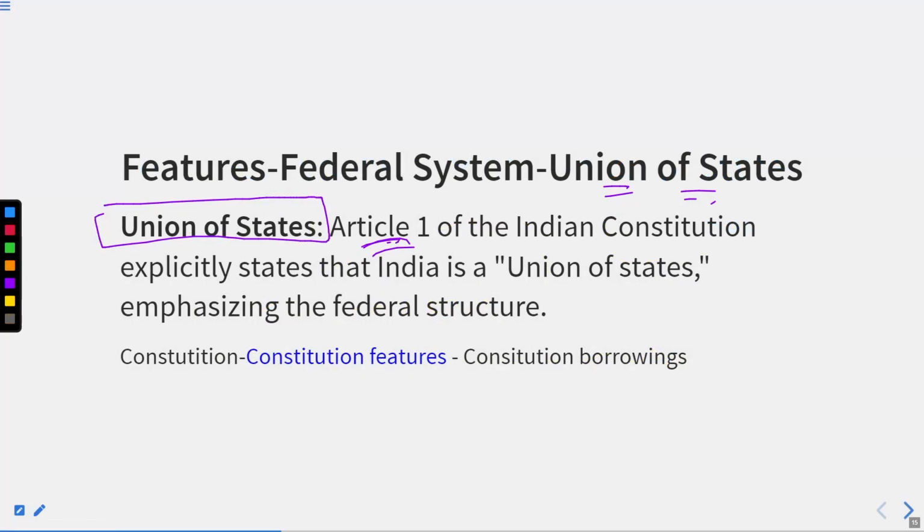So this is what is said in Article 1: the Indian Constitution explicitly states that India is a union of states, emphasizing the federal structure. Many states are included in India which are not part of any agreement, so no state is allowed to get separated. Got it?